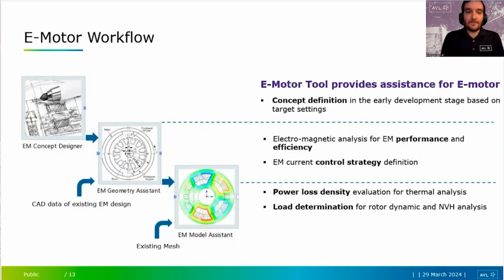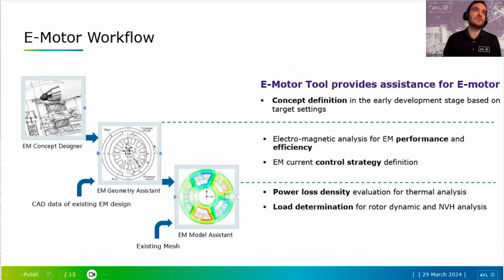So the workflow that we do with the e-motor tool I mentioned, there's the concept designer. That's where you can define your torque, your speeds, your safety margins, things like that for the motor. They're very high level concepts that you could define. I'll go into a little bit of how that looks in the next slide. The other two portions of the e-motor tool is the geometry assistant.